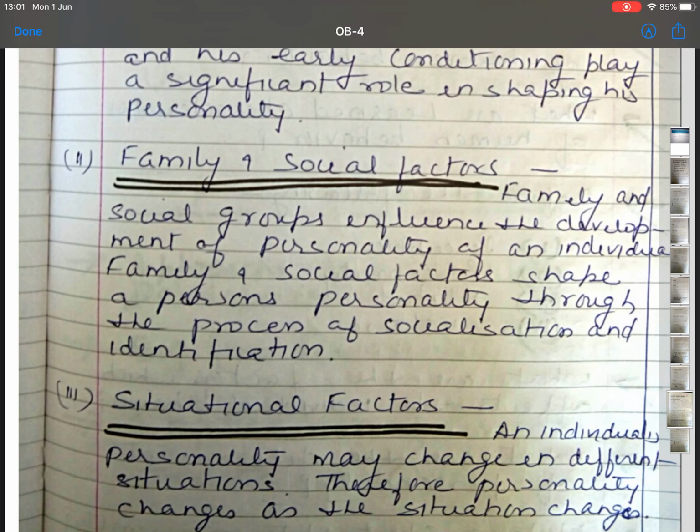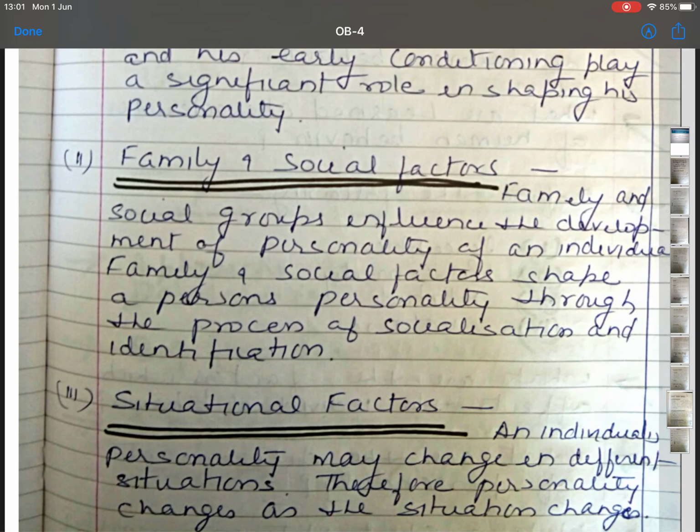Now the second is family and social factors. Family and social groups influence the development of the personality of an individual. Family and social factors shape a person's personality through the process of socialization and identification. Socialization is a process by which a person acquires a wide range of behavioral potentialities that are open to him or her starting from birth.